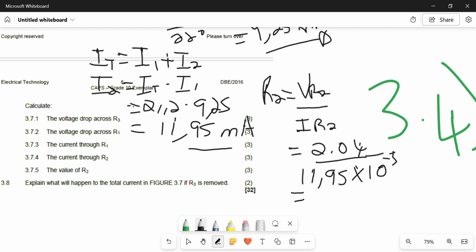So now I'm going to divide 2.04 by 11.95 times 10 to the power -3, which is going to give me 170 ohms.